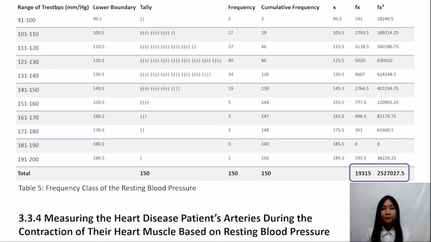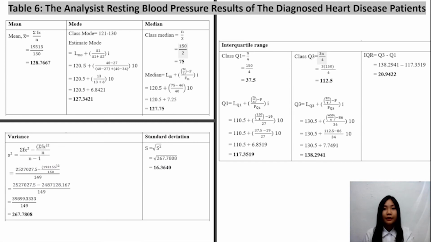From the above table 5 and table 6, the mean of resting blood pressure is 138.767 mm per Hg. The estimated median of the resting blood pressure is 127.75 mm per Hg. The class between 121 to 130 mm per Hg is the modal class, which has an estimated mode of 127.3421 mm per Hg.